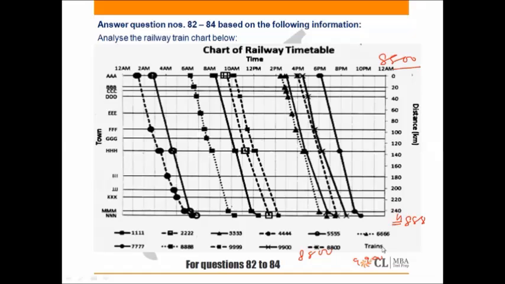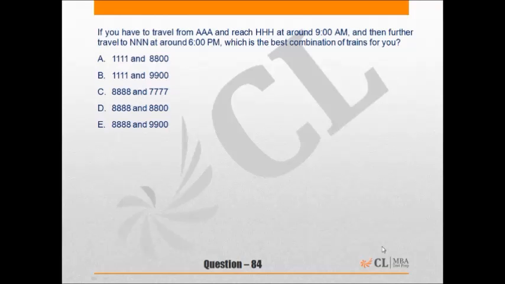Therefore, the only possible train that one can take from triple S to triple N is 9900 when he wants to reach around 6 p.m. Therefore, the best suited option or combination of trains is 4 times 8 and 9900, and these two are given in option E, hence E is the correct answer.